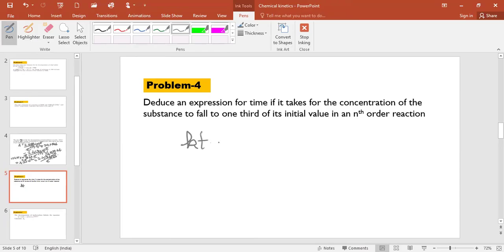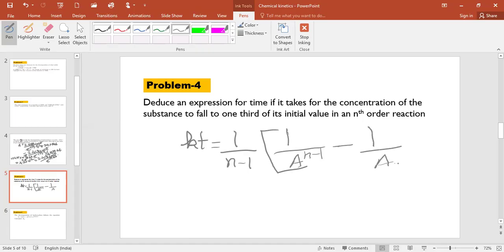Kt is equal to 1 by n minus 1 into the bracket 1 by a to the power n minus 1, minus 1 by a0 to the power n minus 1.